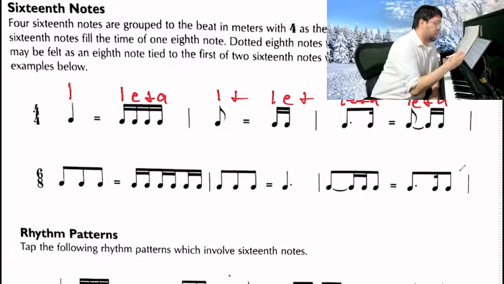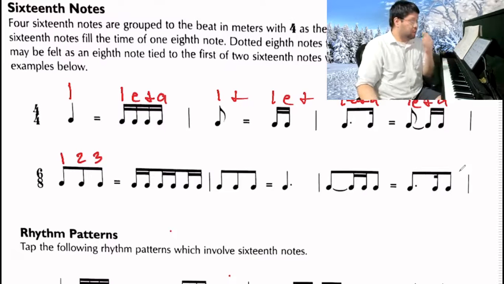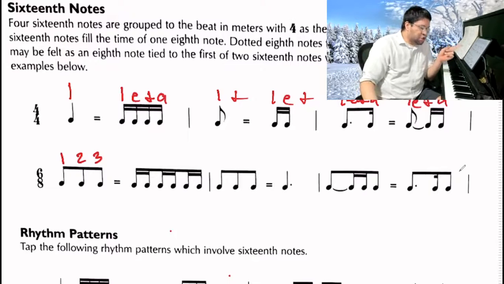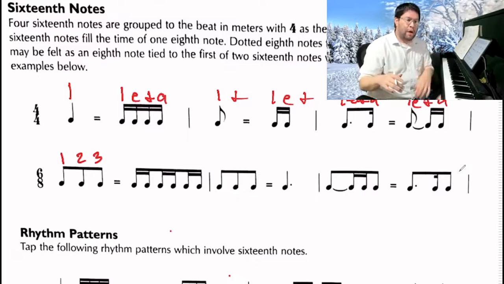We know from the previous video that we count this as 1, 2, 3. Since they're individual beats, the 16th notes, as you can see, are beamed in 2s, and those 3 sets of 2s are beamed together.